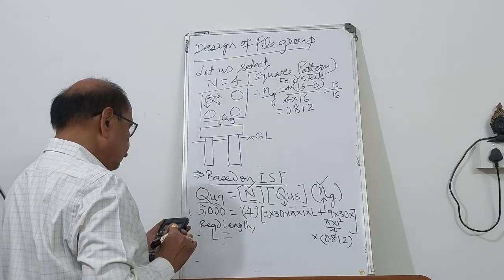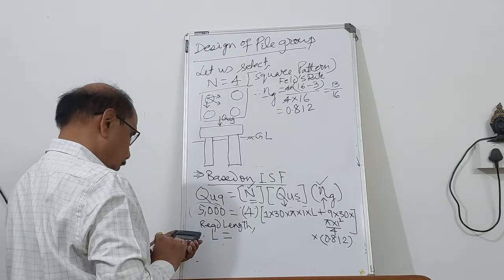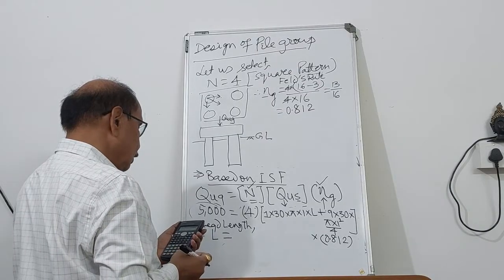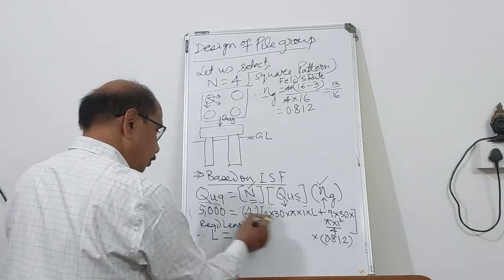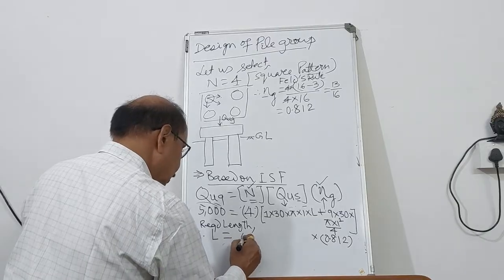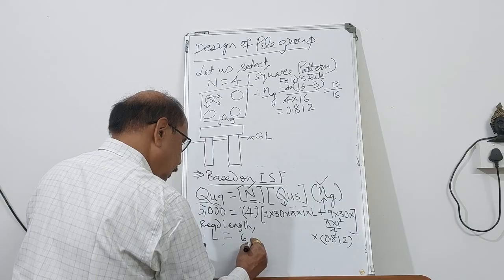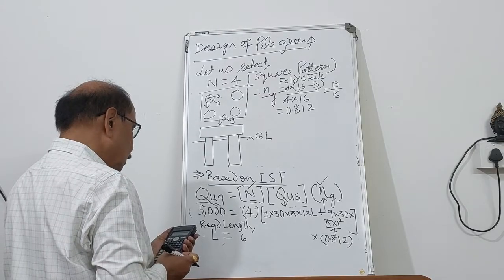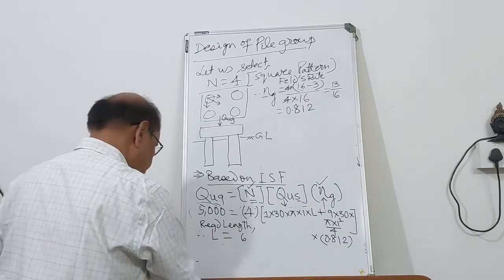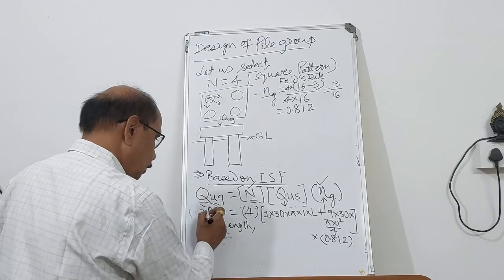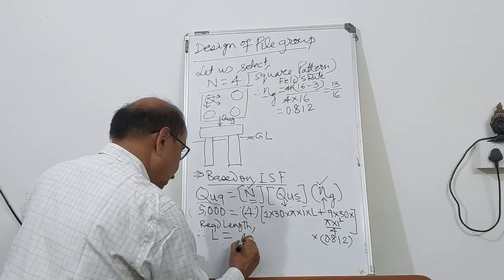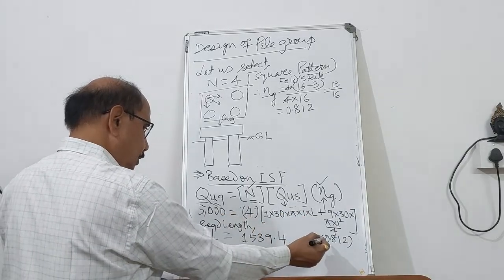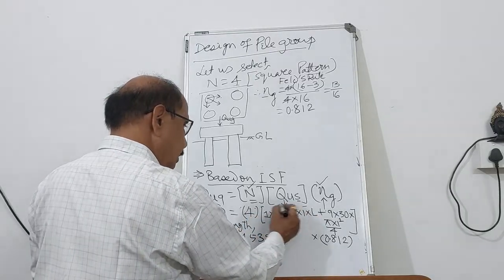5000 divided by 4 into this is going to be these quantities.